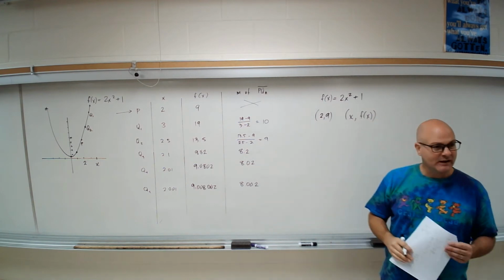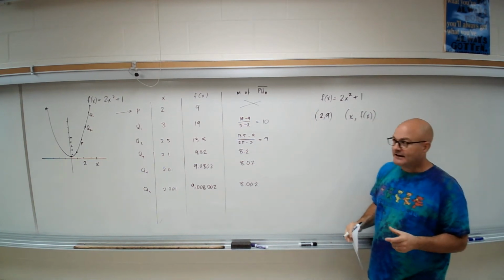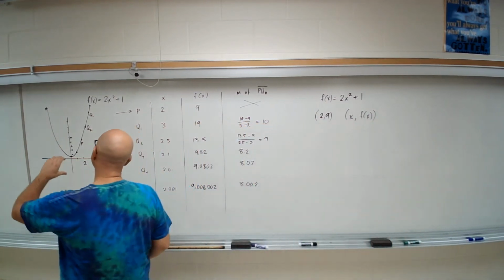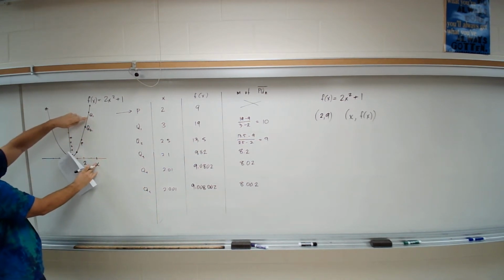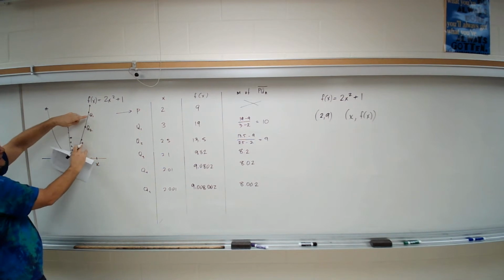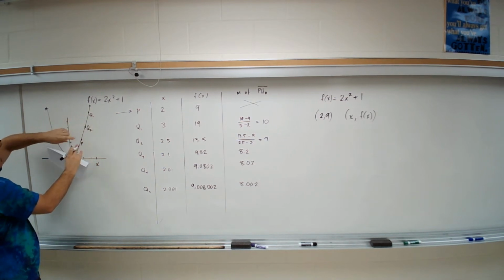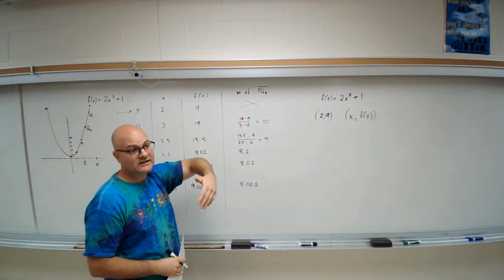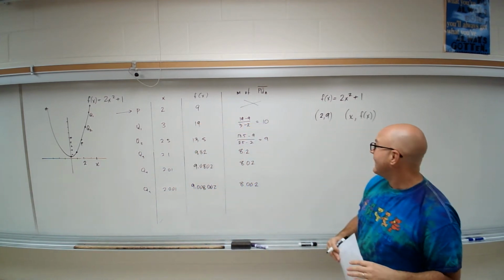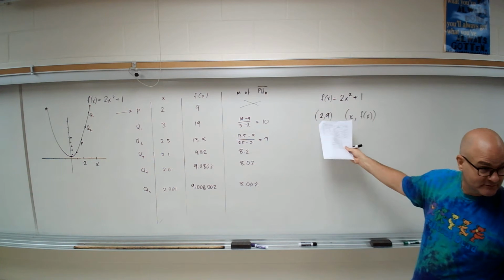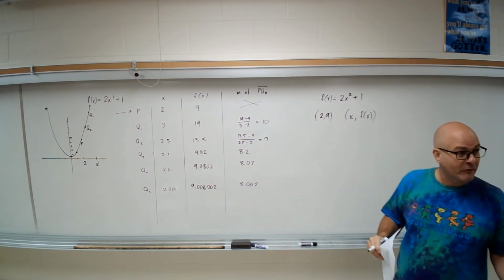f of x, correct? And the thinking is we take these 2 points, and as the point that has an x value of x gets closer and closer to 2, the secant line slope should get closer to the tangent line slope. So we take these 2 points and just set up a slope formula.